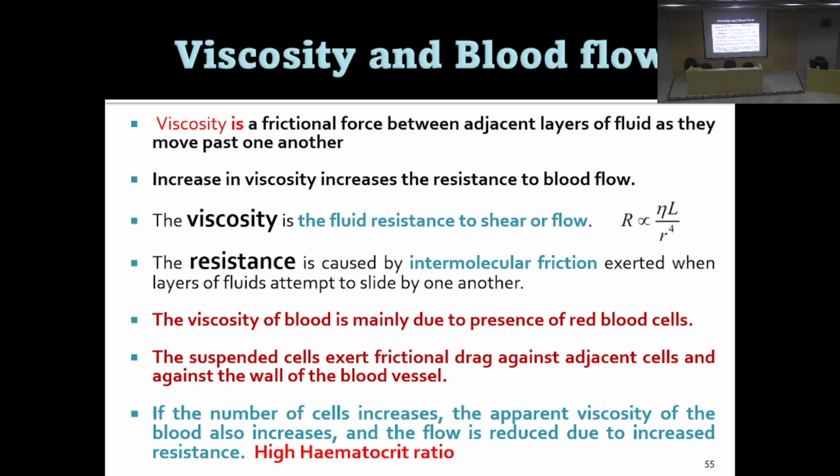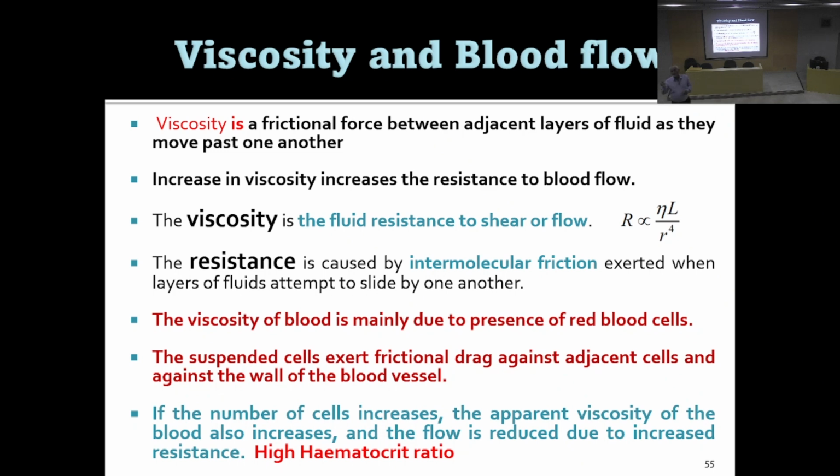Okay, we call this the hematocrit ratio. Have you heard about the hematocrit ratio? No? The hematocrit ratio is a test they do in the labs to see whether people are suffering from anemia or not. Anemia concerns the red blood cells in your blood. So what is the hematocrit ratio?